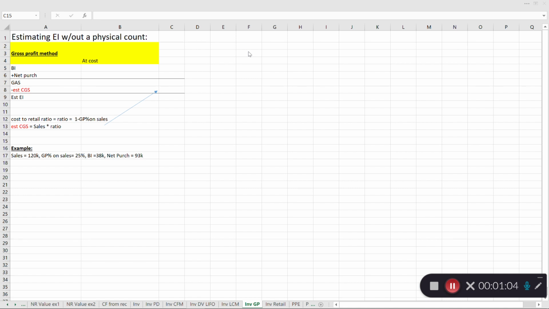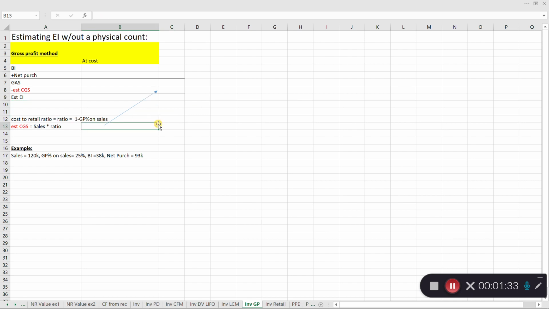It could be a fire, it could be whatever it is, and because of that incident or that accident, we don't have access to the inventory itself. It either burned out or it got flooded, whatever the case may be. And if we don't have access to it, we still need to come up with estimates of what we had there. Okay, whether it be for filing an insurance claim or just for purposes of estimating for your financial reports.